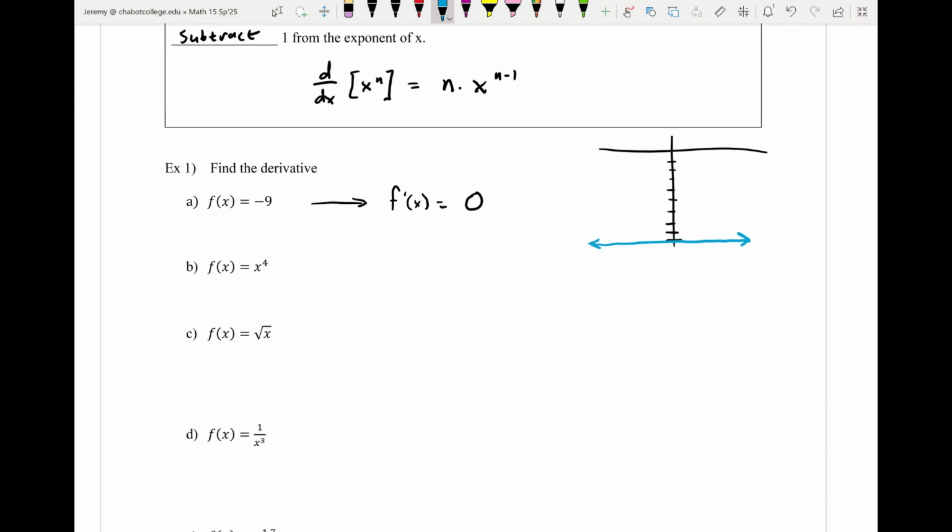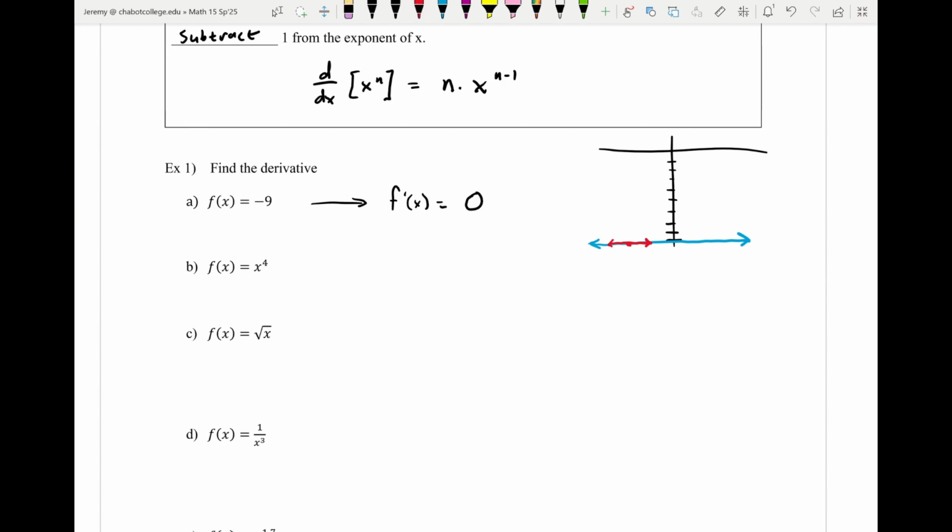Since the derivative gives us the slopes of tangent lines, if we pick any point on this line, say this one right here, doesn't matter what the x value is, what's the slope of the tangent line at that point? Well, the tangent line just mimics the slope of the graph at that point, and we can see that every tangent line is going to be horizontal, meaning every tangent line is going to have a slope of 0. That's why this derivative should make sense. It's just the function that outputs 0 no matter what x is.